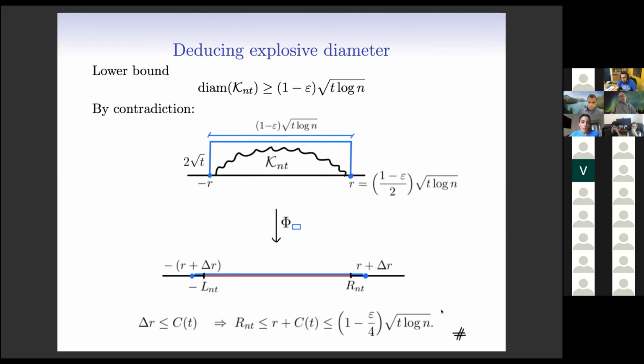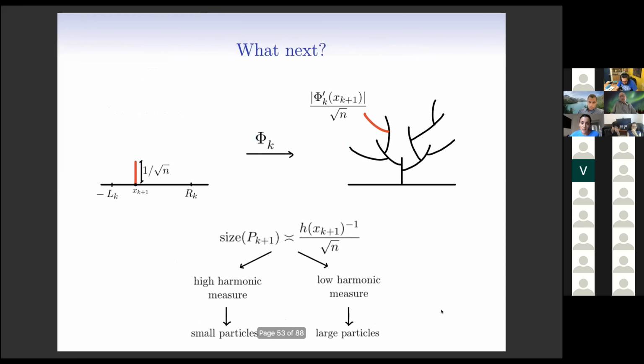Okay, so this is the proof of the result with Nathaniel on explosive behavior. And I would like to tell you where one should go next with these models. So something I haven't commented on is the distortion intrinsic in the model. So remember, you have your cluster with k particles, map it out.